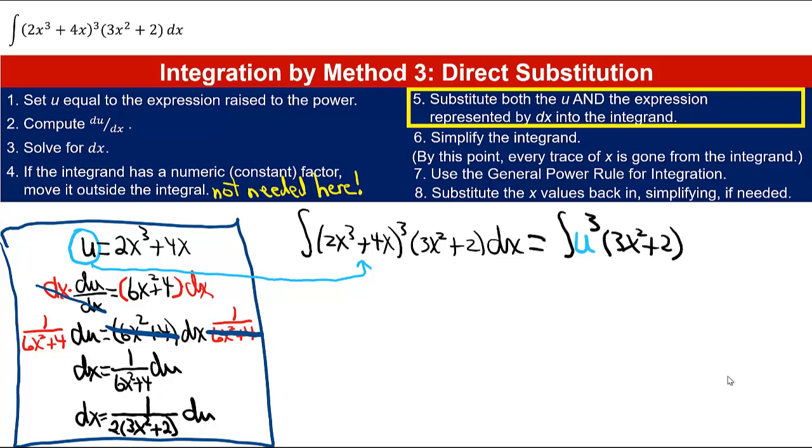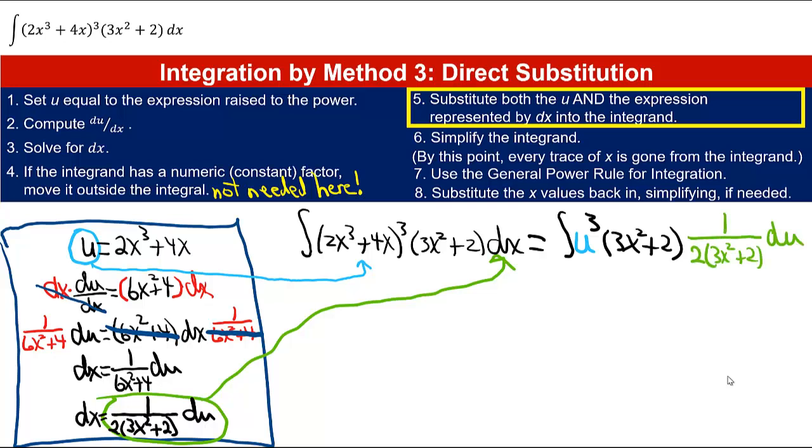And if you'll notice, what that does is it turns it into u cubed. I'm not doing anything to the 3x squared plus 2, but I also want to replace the dx. And I notice that dx is that fraction 1 over the quantity 2 times 3x squared plus 2 du. So I plug that in place of dx.